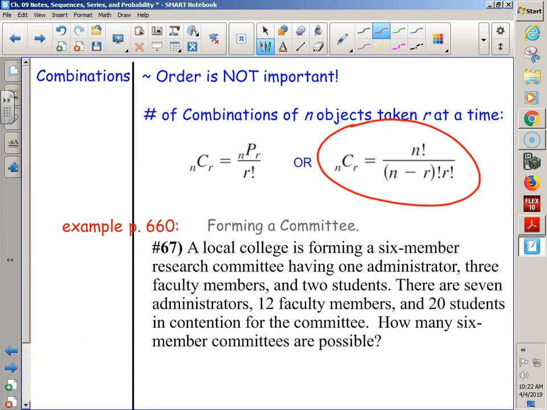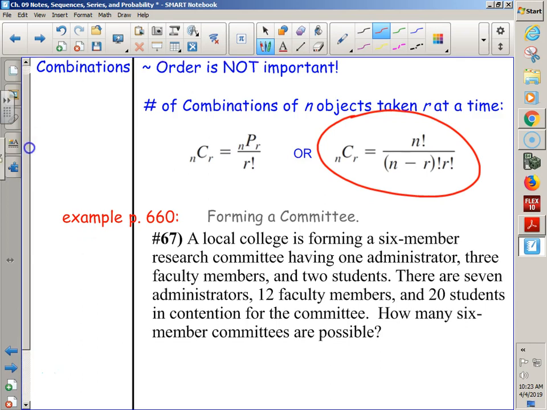Well, wait a minute. We've just done a lot of things where dividing is taking away options that don't apply, or that aren't distinguishable, so they can't be counted separately. So what's going on if we're dividing r factorial from nPr?